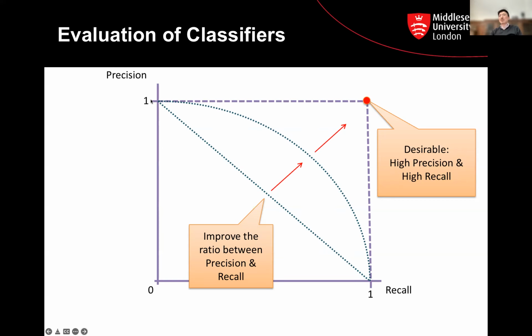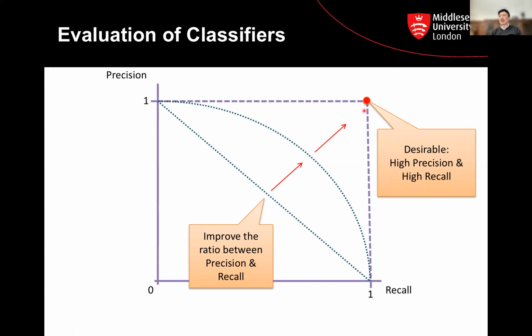And so what you want to do is move the curve, this line, further out. Ideally, something like this. If you compare a point here, you can see it has the same precision as the point here, but its recall is much higher compared to the same point on this line.